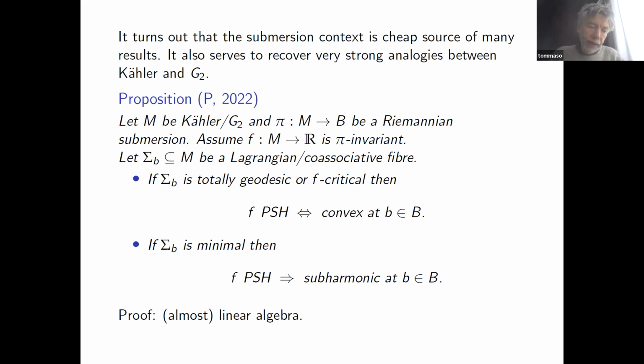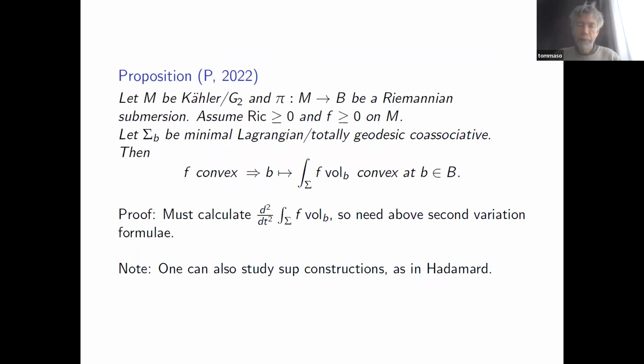And Lassalle, Hardy, Hadamard also said that you should look at the more general case of functions which depend on all variables that are not invariant with respect to the submersion. When we do that, then we should integrate the function along the fibers. We are interested in convexity, and so we have to take second derivatives.